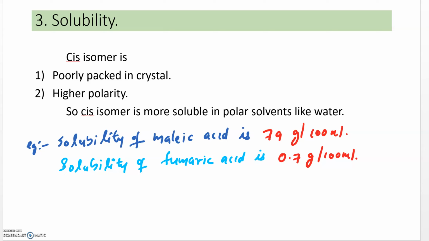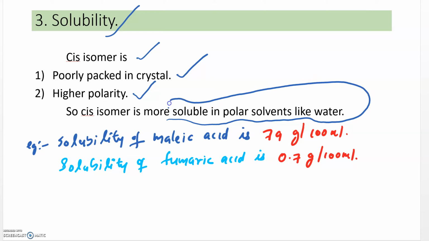And the third property is solubility. The cis isomer is poorly packed in the crystal, therefore its lattice enthalpy will be lower. It can be easily broken and it has higher polarity. The cis isomer has a higher dipole moment. Therefore, the cis isomer is more soluble in polar solvents like water.